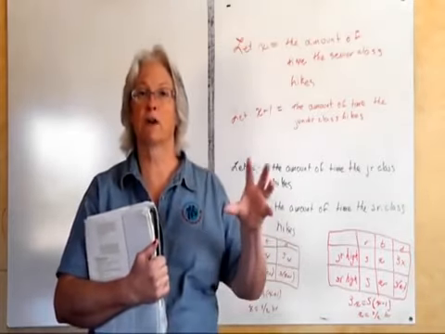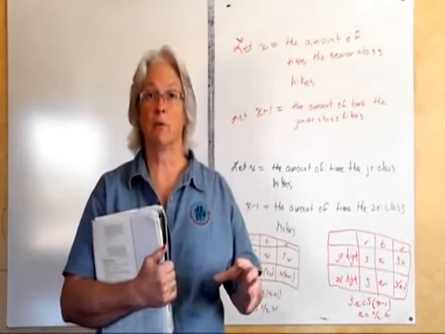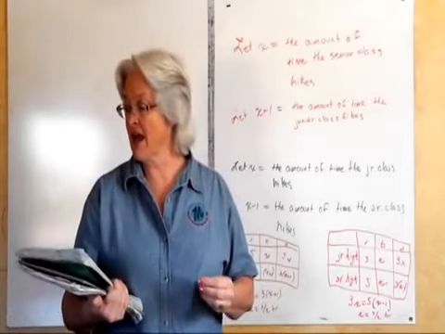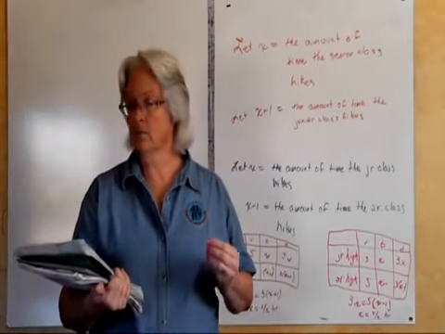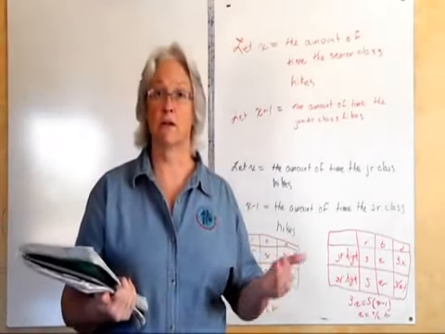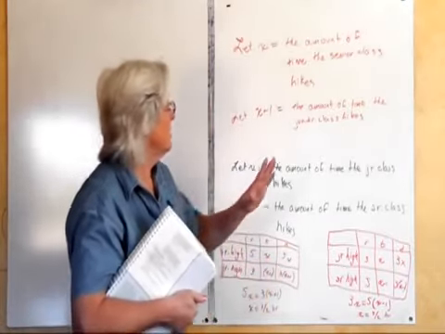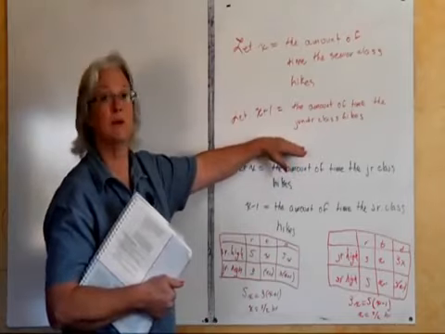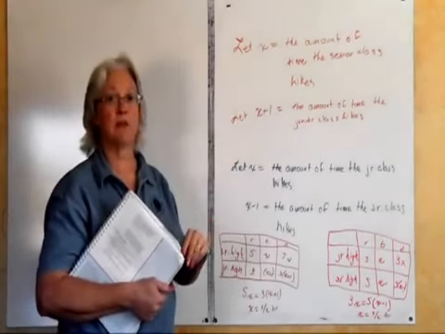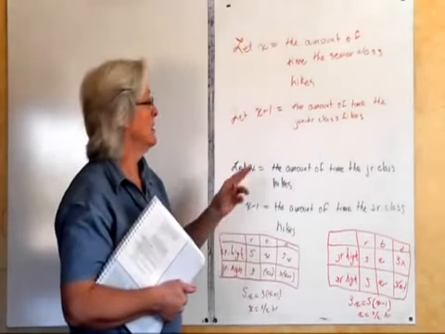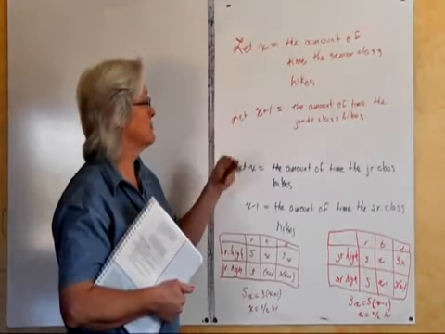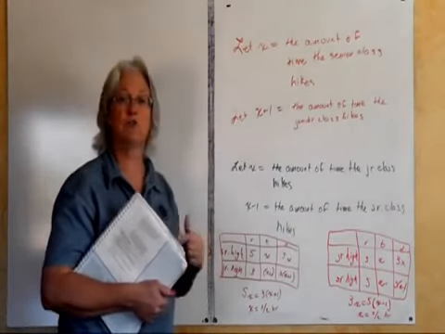We spent quite a lot of time developing that problem and figuring out that what they were actually asking is, how long does the senior high class hike? So when we set up our original problem, we said, let x be the amount of time the senior high class hikes, and then let x plus 1 be the amount of time the junior class hikes.